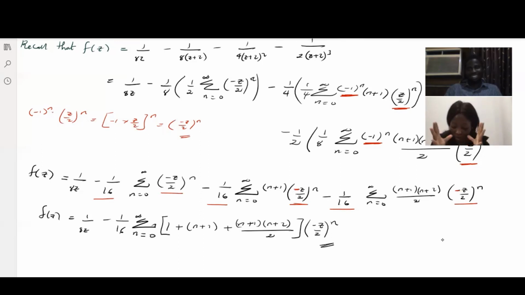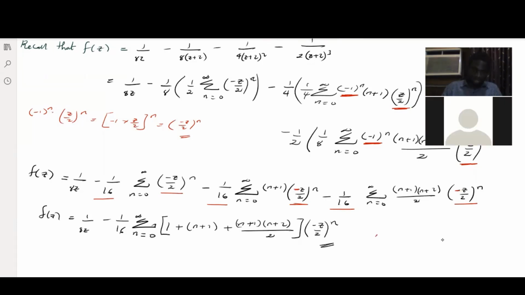Question. You put a boundary, you said such that the absolute value of z over 2 is less than 1. So this is there to show when the series will converge.